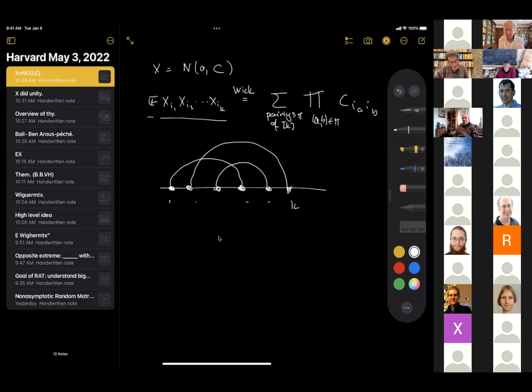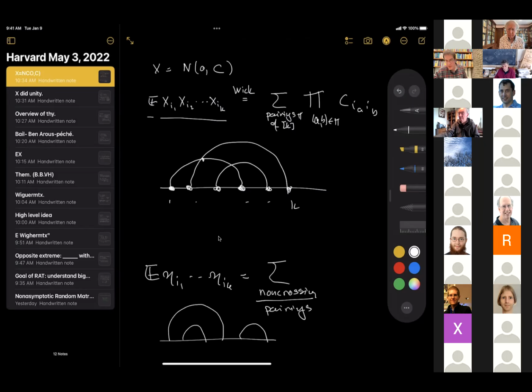Okay. So these semicircular objects are exactly the same, but instead of having the sum over all pairings, you only get the sum over non-crossing pairings. So here, this over here is called a crossing. So a non-crossing pairing would look like this.